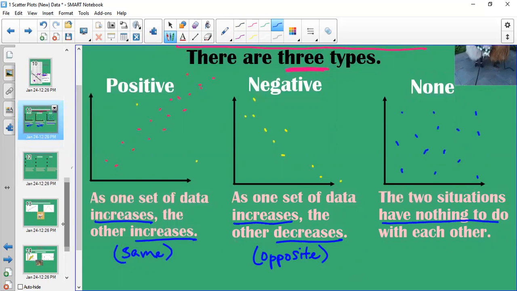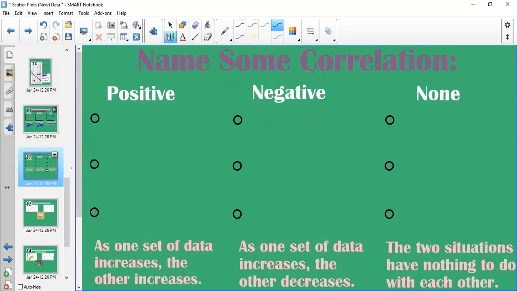All right, so then in class, we came up with some examples of what positive correlation looks like. And I'm just going to mention some of the ones that my students or I came up with.